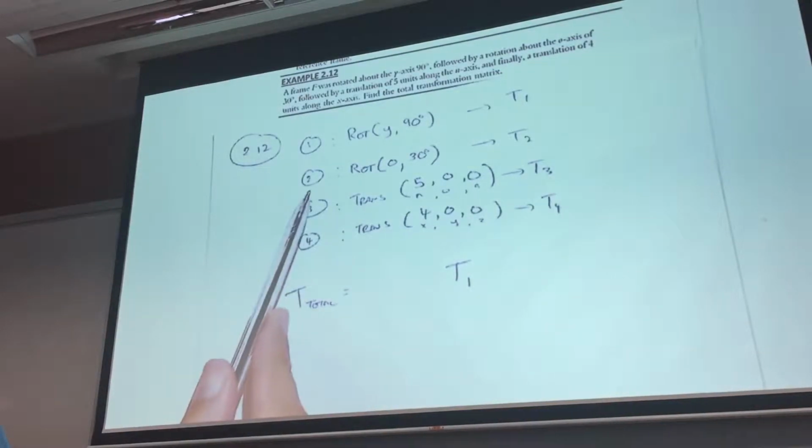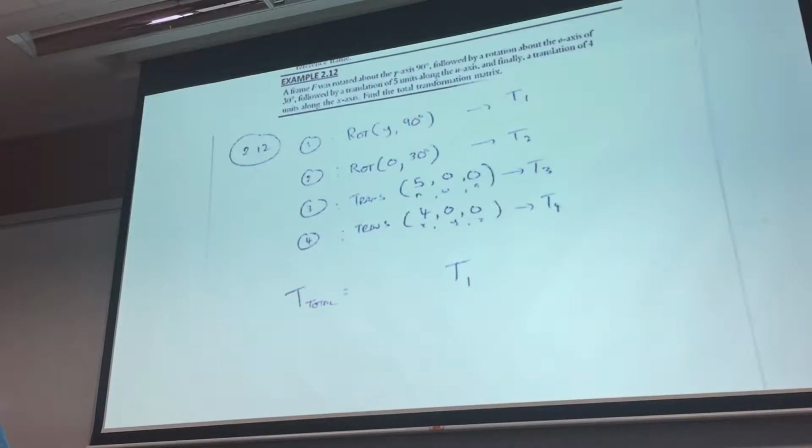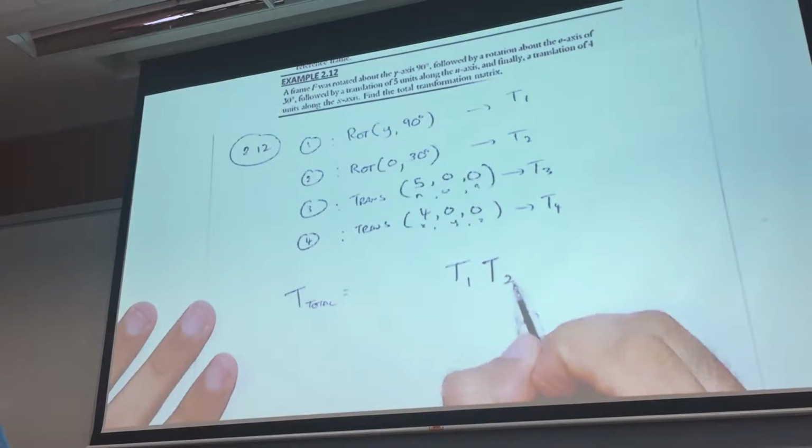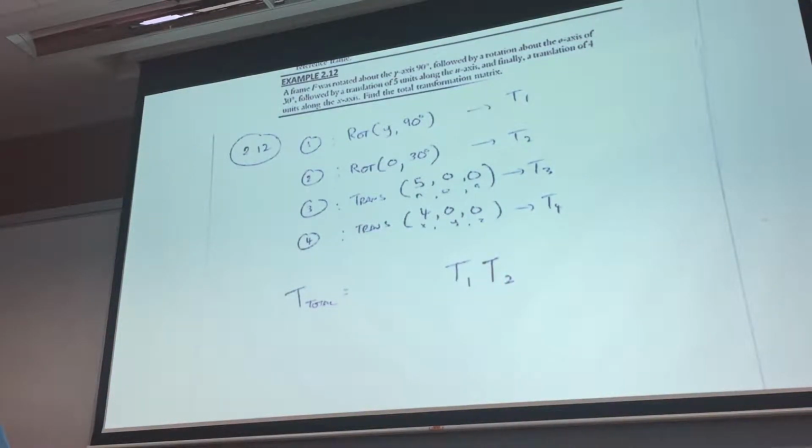If I look at my second step, I'm doing with respect to the moving frame. So I will post multiply. That means T2 will be here. Okay. Agree so far? Third step, I'm doing a translation about my NOA axis, which is my moving frame. Good, moving frame. So again, if it's the moving frame, I will post multiply.